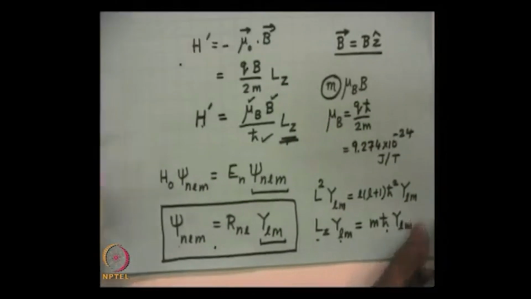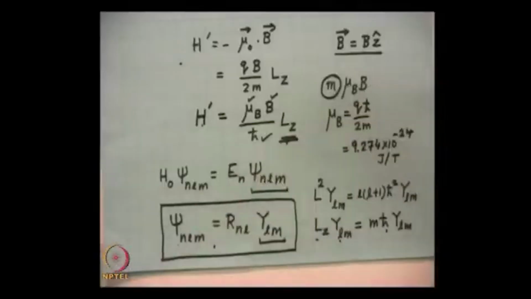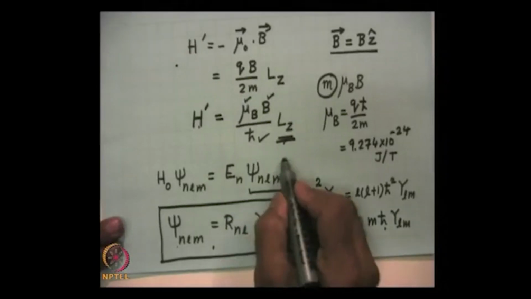If you ask me the question, what would have happened if I had applied a magnetic field in the x direction? Of course, there is nothing sacred about the z direction. Then what would have happened is, these are eigenkets of Lz.